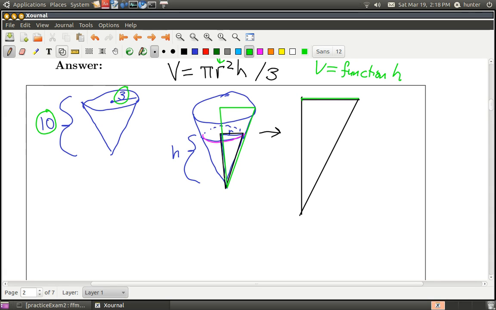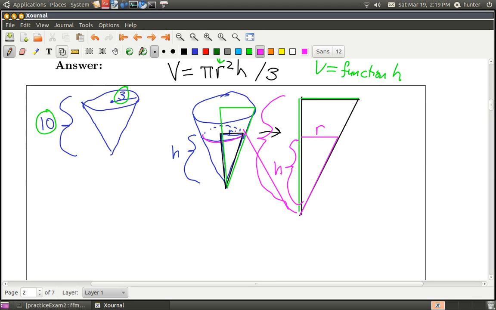Okay, so here's the big triangle, and inside the big triangle I'm going to draw this smaller triangle. So this is just a cross section of that other picture. So in that other picture we know that this side is r and this amount is h, right? Okay, so we're going to use the similar triangles trick like we used in class to find, what do we want?